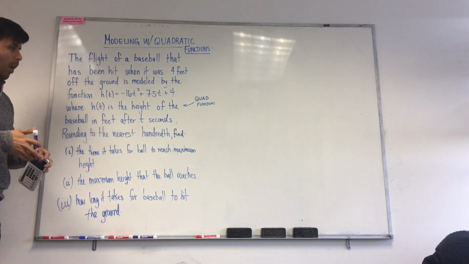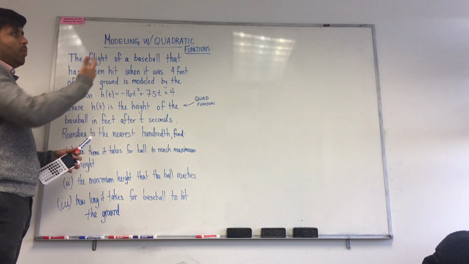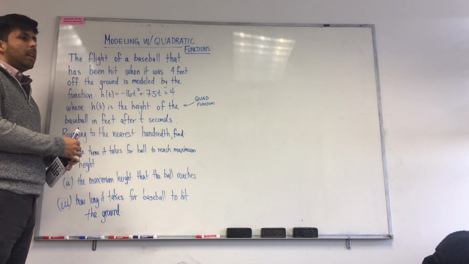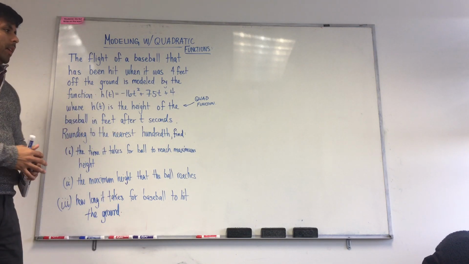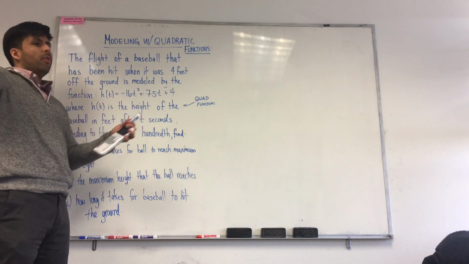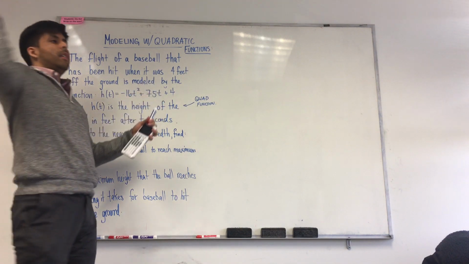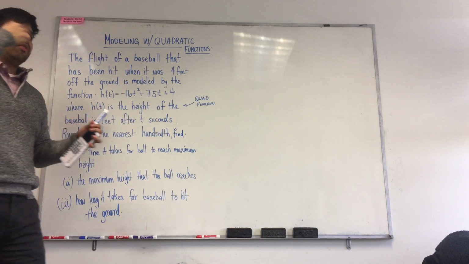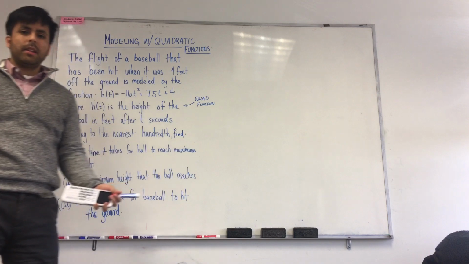And we see how useful quadratic functions are because they're quite natural in explaining certain physical phenomena, particularly after you throw a ball or hit a ball, right? In the air, the trajectory which that ball takes is parabolic.